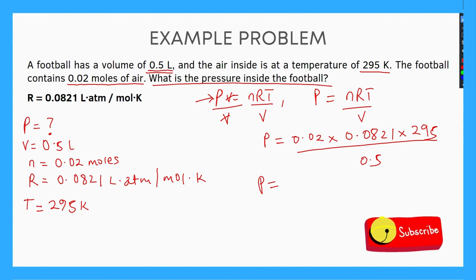That gives us 0.48439 divided by 0.5. That gives us 0.97 atmospheres. I'm sure you saw how that was done. Let's move on to the next thing that we have.